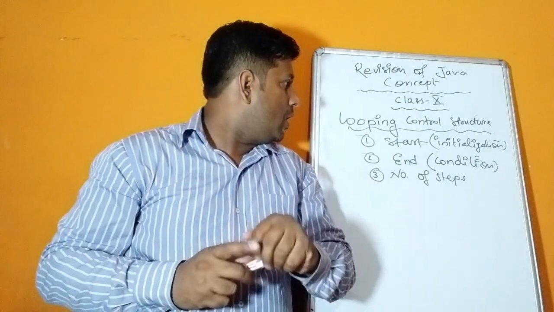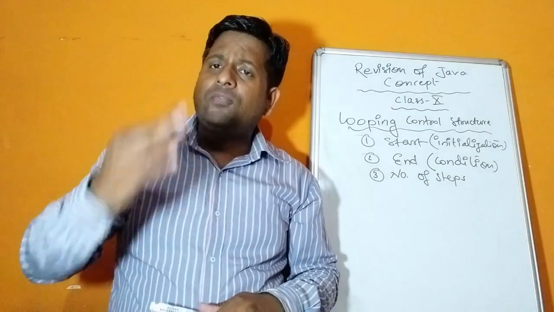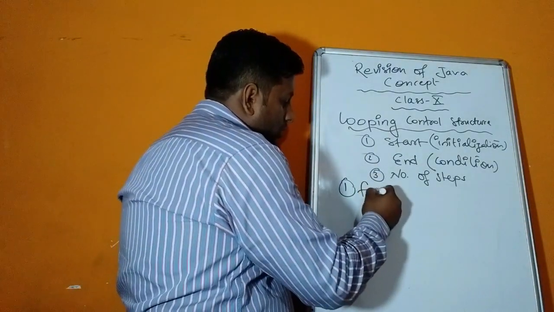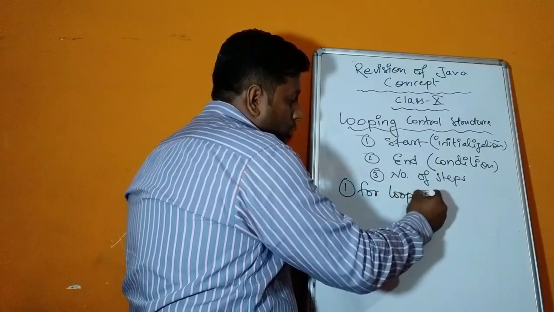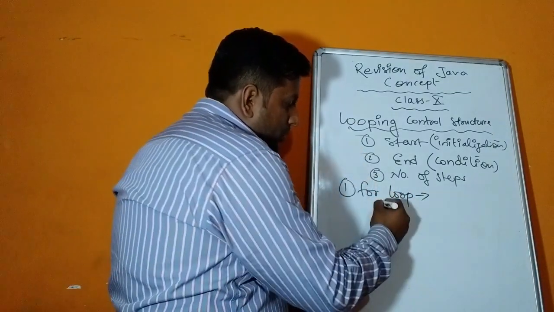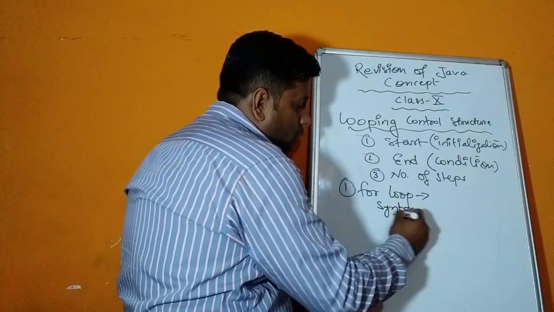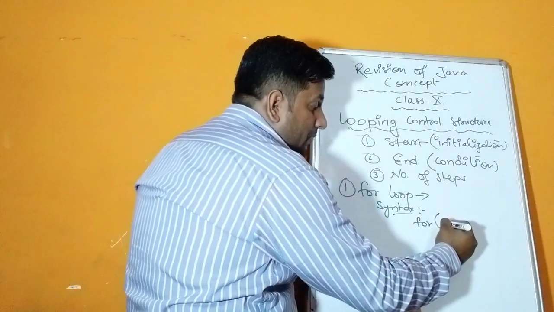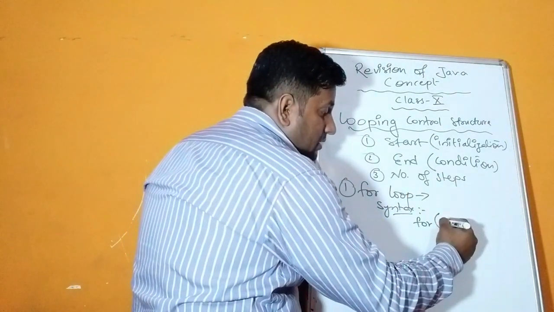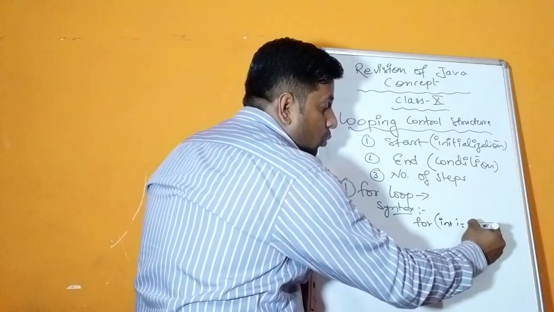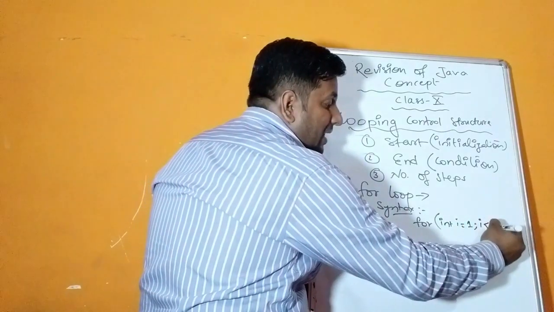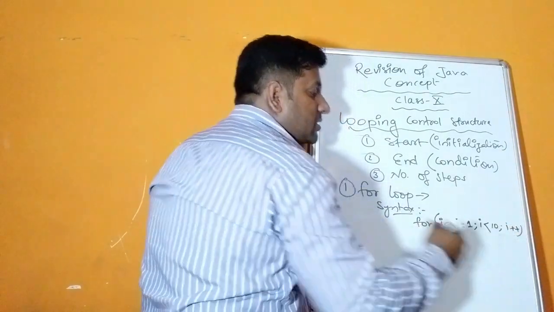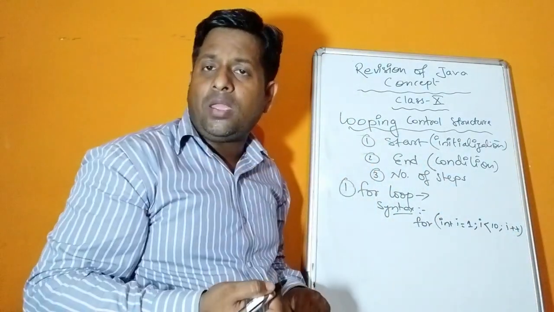So children, looping control structure, we have 3 different types in our syllabus. Number 1, for loop. For loop syntax means how to write: you have to write in small letter for, then bracket, then first part will be, for example, int i is equal to 1, then semicolon i less than 10, this is a condition or end, then i plus plus, this is the increment operator, means increase the value by 1.